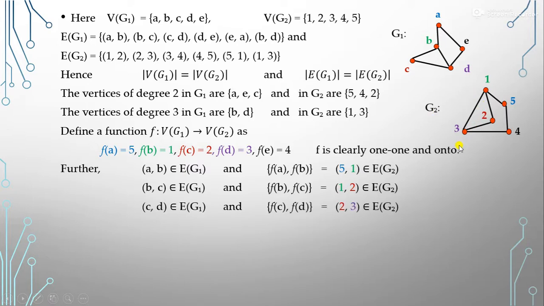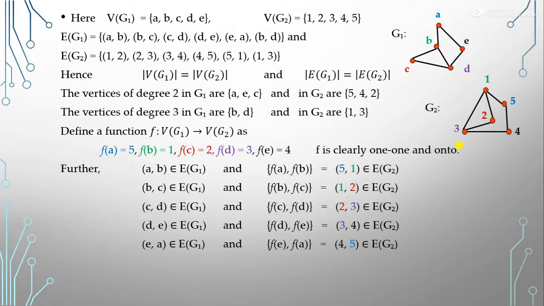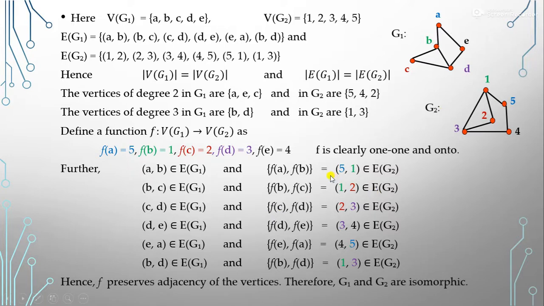So like that, you have to check all edges, and we can see that corresponding to each edge of G1, we get an edge in G2. So we can say that f preserves all the adjacency of the vertices. Therefore, we can say that G1 and G2 are isomorphic.